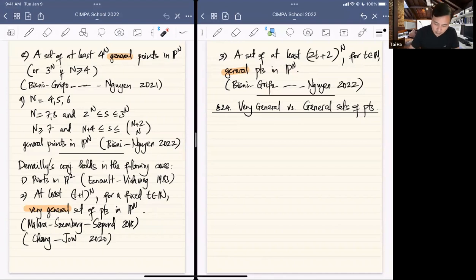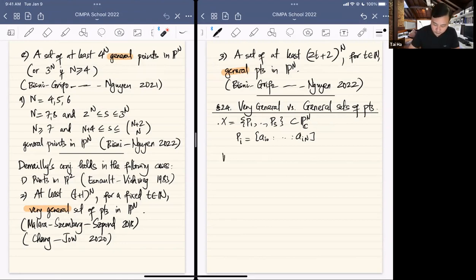So once again, we fix a set of points P1 up to PS inside P^n, and let me just write P^n_C here. And Pi has coordinates Ai0 up to Ain. So I can actually view this set of points as a matrix, right?